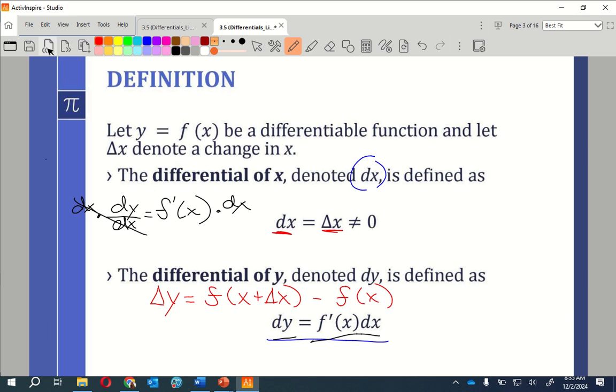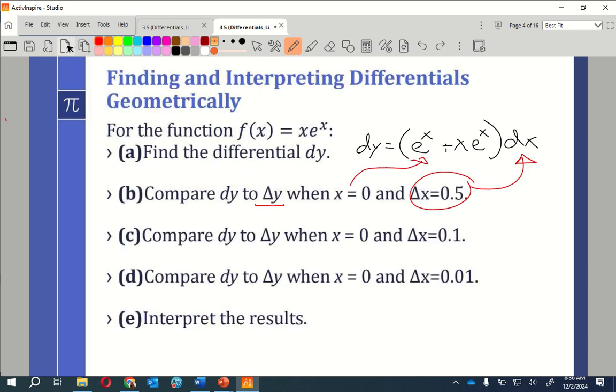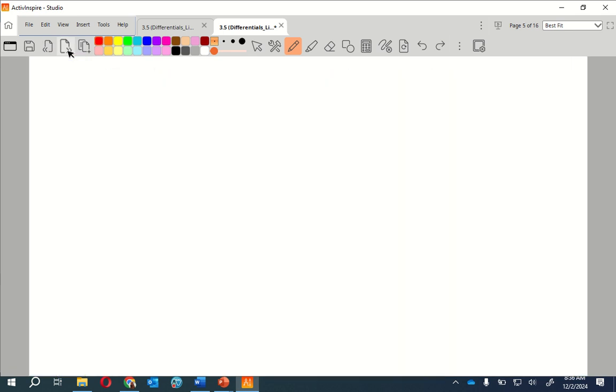Alright, so from this one right here, I'm going to go back over here. And it was delta y equals f of x plus delta x.